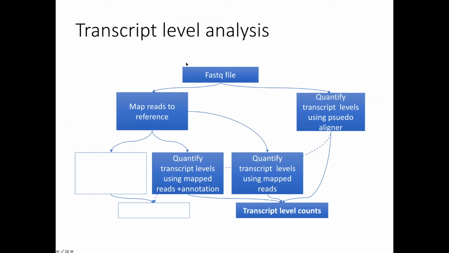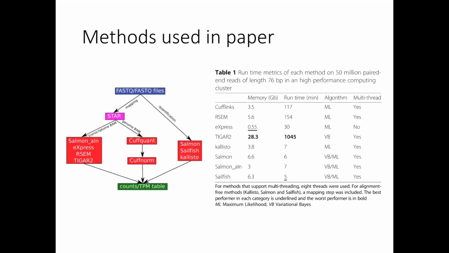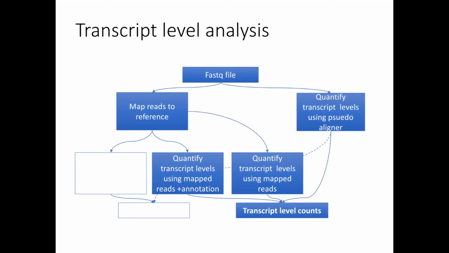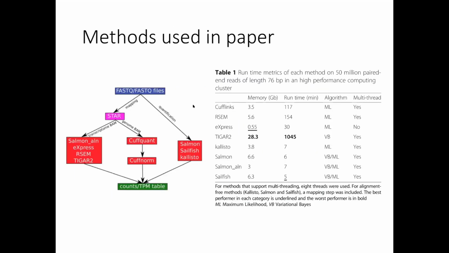Okay, so what about if you want to go into transcript levels, what happens? Then there's this other paper that you can go in and read. I think there's a link to it somewhere. Here they've done basically the same thing. You have FASTQ files.